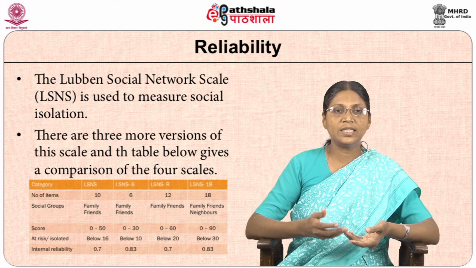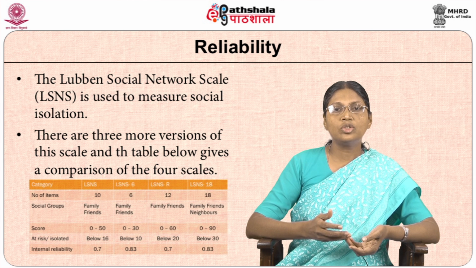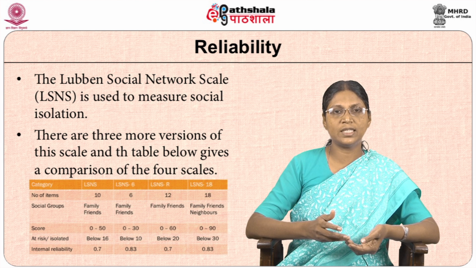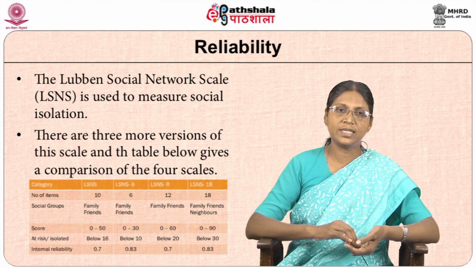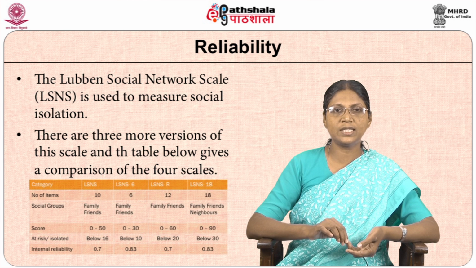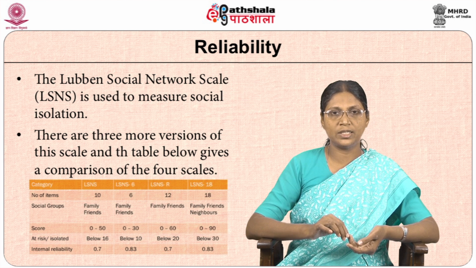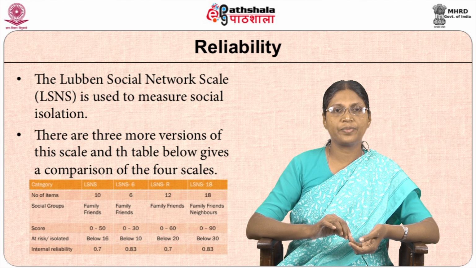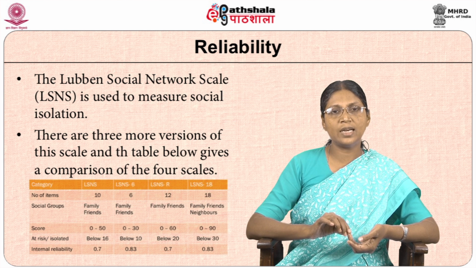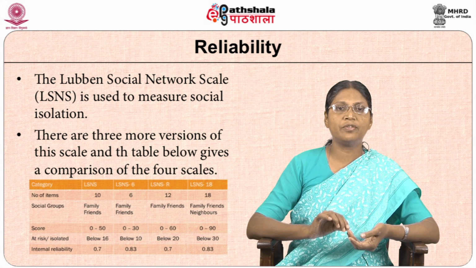LSNS, LSNS-R and LSNS-6 measure social isolation among senior citizens aged 65 and above by examining the size, closeness and frequency of contacts of the senior citizens with family related by birth or marriage and friends. The extended scale adds another dimension by differentiating between friends and neighbors.